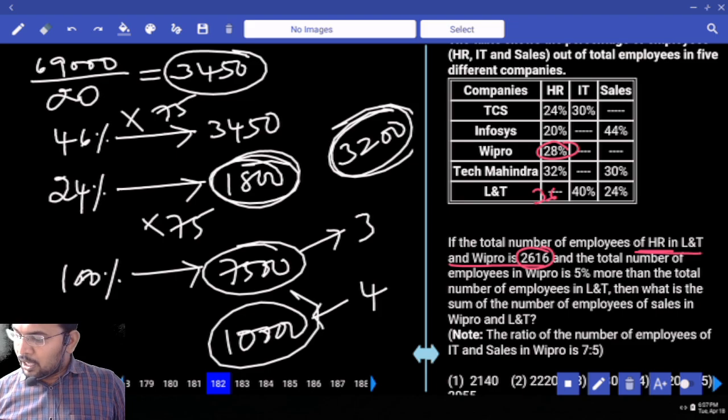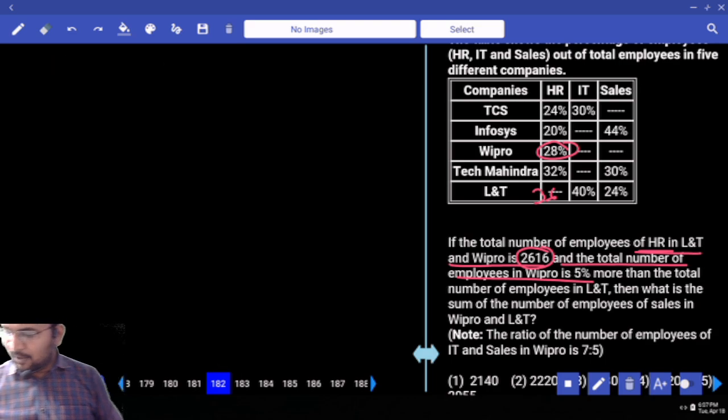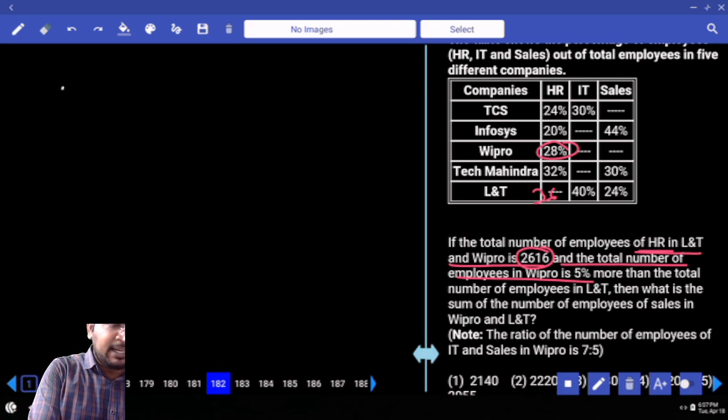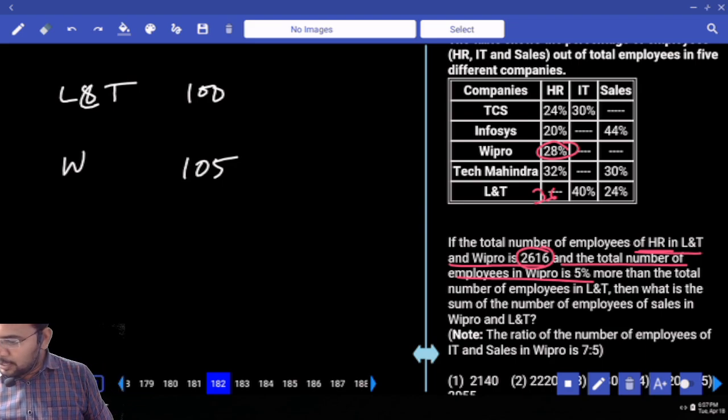And the total number of employees in Wipro is 5% more than the total number of employees in L&T. If L&T total number of employees are 100, then Wipro is how much? 105. Yes. Next.